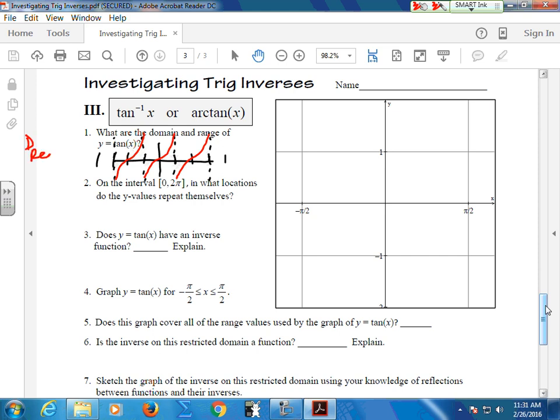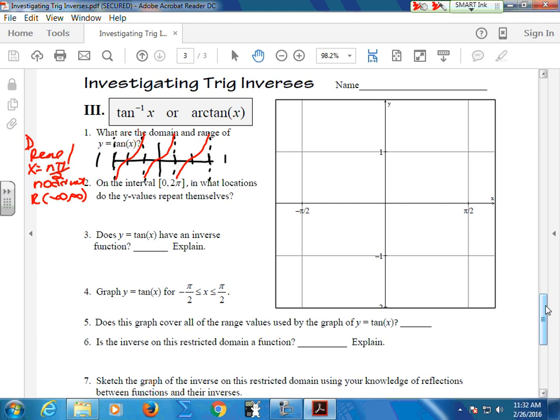It was real, except where x was equal to n pi over 2, where n was any odd integer. What was the range? Negative infinity to positive infinity.